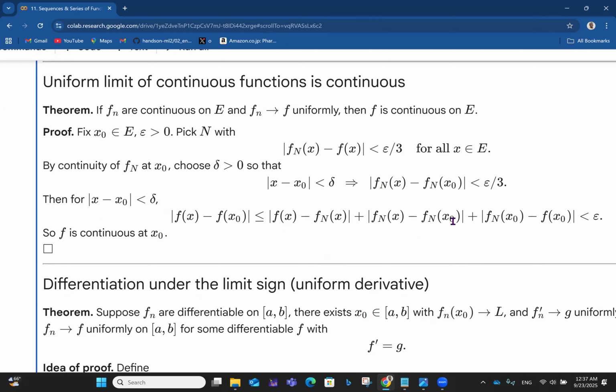Basically, what we are bringing here is the whole idea that of course we have x and x naught, and that is less than epsilon. So with this, we can say f is continuous at x naught.